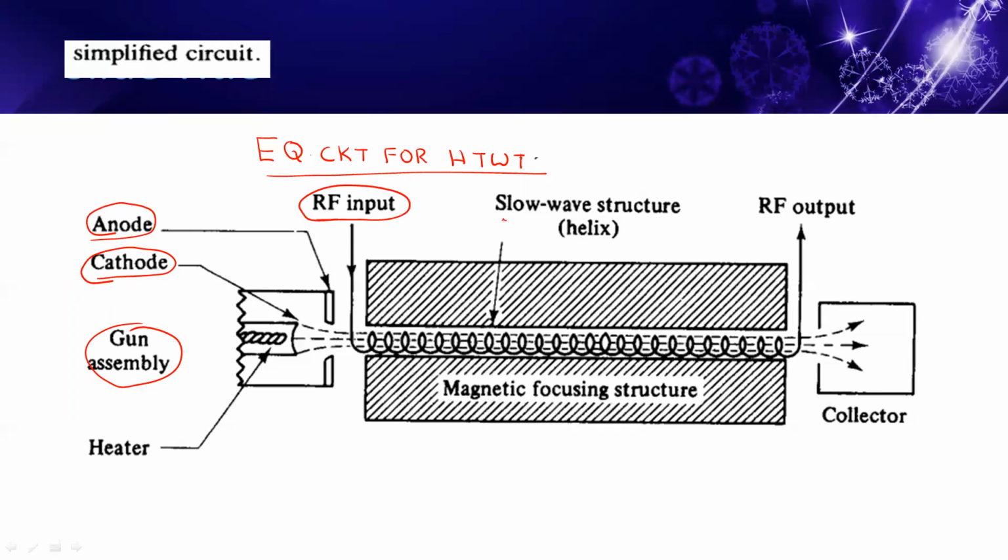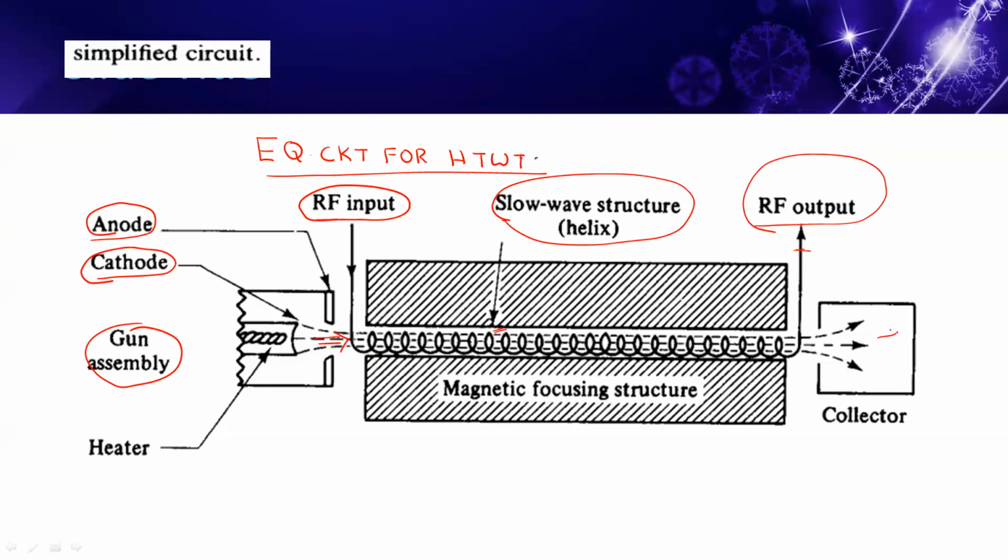And we have the slow wave structure, which is a helix type slow wave structure. And you are taking the RF output. In between them, the slow wave structure is able to guide the electron beam. This comes from the electron gun supply anode terminal.